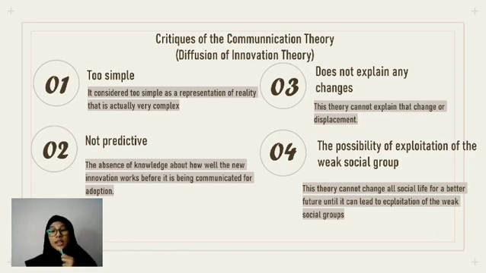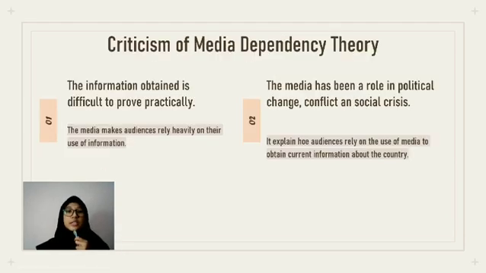And number four, the possibility of exploitation of weak social groups. This theory cannot change all social life for a better future, and it can lead to exploitation of weak social groups. So next, we go for the criticisms of media dependency theory. The first one is that the information obtained is difficult to prove practically.